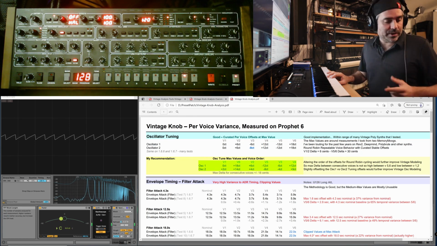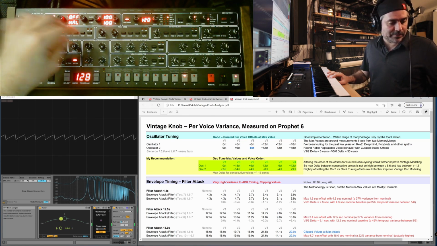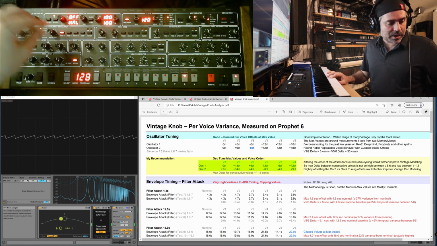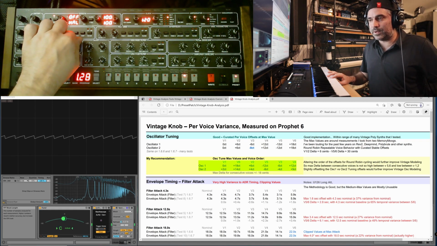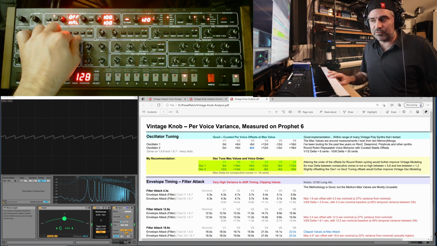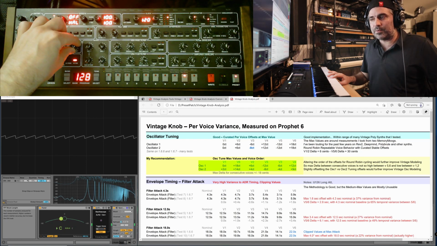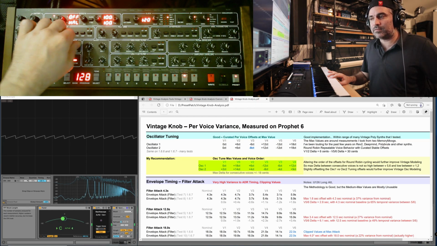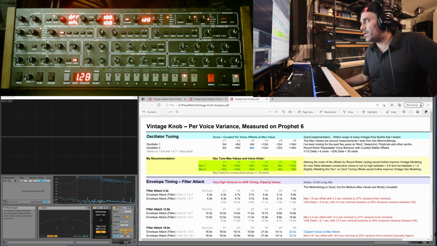This one is an interesting one. Let me turn this down a little. If I turn down vintage on this one, we go to -1 cent basically. If I turn it all the way up, we get -9 cents. So in this one we have a -8 cent difference, which is interesting in that on every other one of these voices, oscillator 1 and oscillator 2 have the exact same offsets, but in this case on voice 3, it's -8 compared to -6 cents flat.